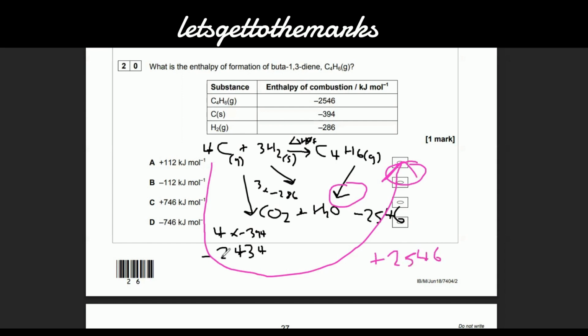So we just do minus 2,434 plus 2,546. And this gives us 112. So the answer, peeps, is that. Lovely jubbly. Let's move on.